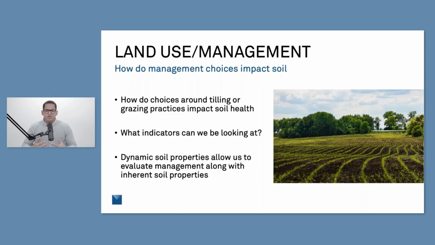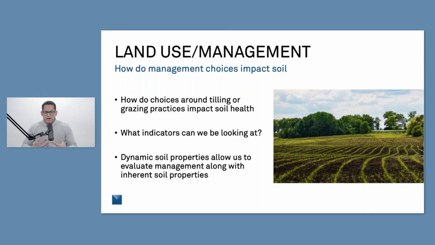When we're thinking about our management practices, especially choices around things like tillage, whether we're talking about strip tillage, no-till, or conventional tillage practices, or grazing practices, whether continuous traditional grazing or adaptive multi-paddock grazing, how do these choices impact our soil properties and soil health?